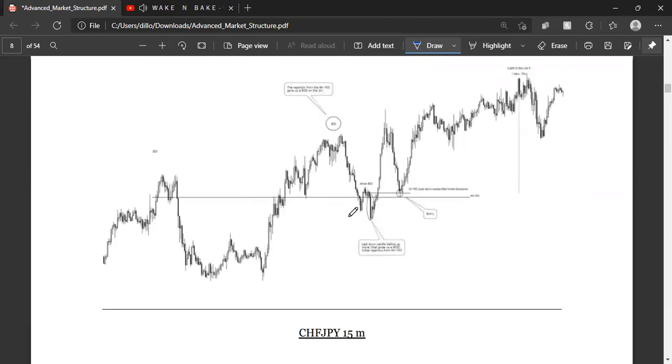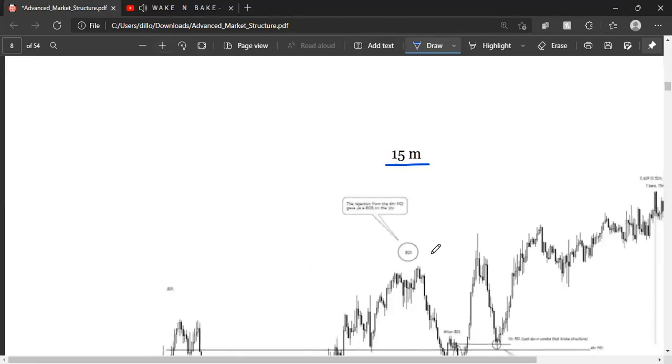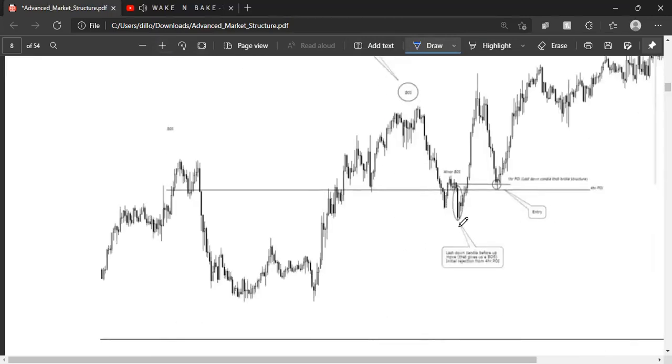And then this is just the same thing on the 15-minute time frame. You can see the clear break of structure here and this strong impulse. And not only did it give us a strong impulse and a break of structure, but if we look closely, one of my favorite setups, we see in this area a stop hunt.